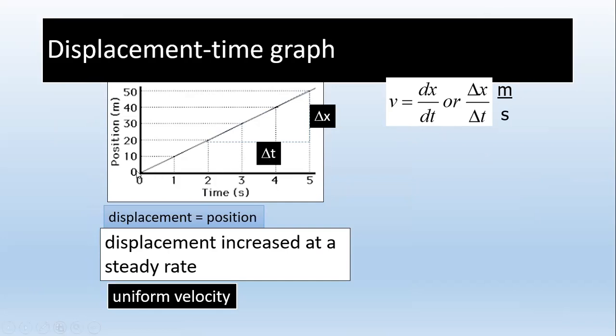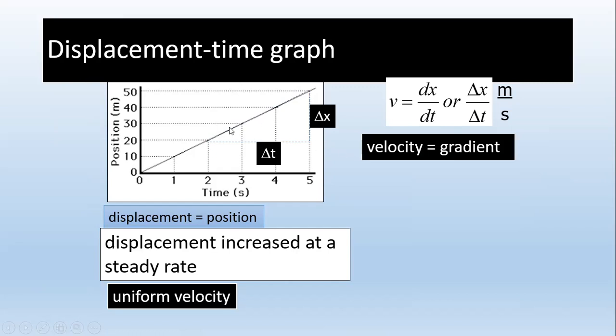It is a straight line graph for displacement, or it can be a distance graph. Distance against time is still uniform speed. Displacement against time is then uniform velocity.